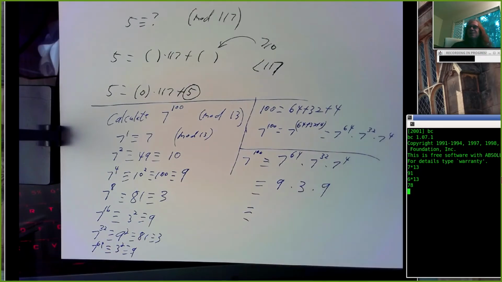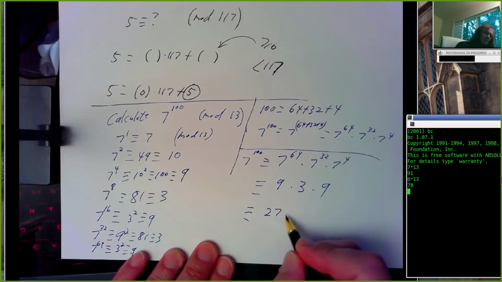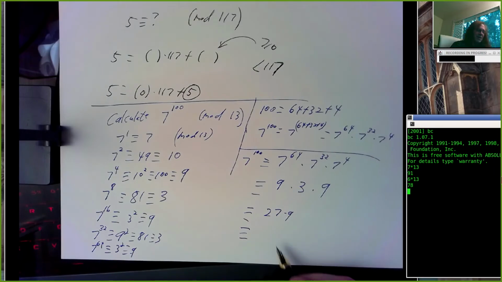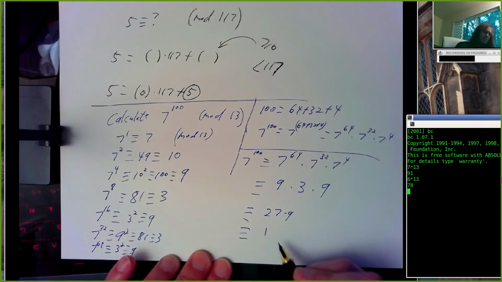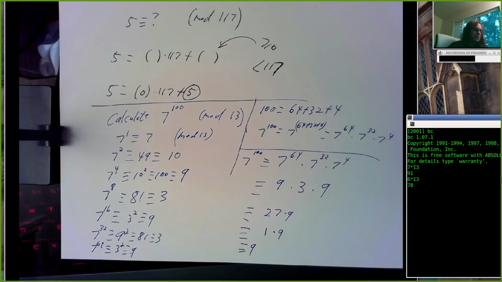Now I could multiply this on a calculator and divide by 13, but I'm going to do 9 times 3 is 27 times 9, and 27 is 1 more than 2 times 13, so 27 is congruent to 1, and that's still 9, and so this whole thing should be congruent to 9. And so that should be my final answer.